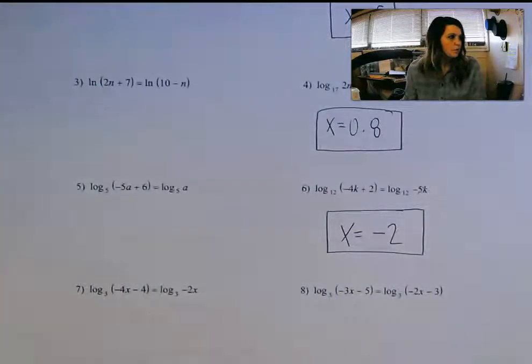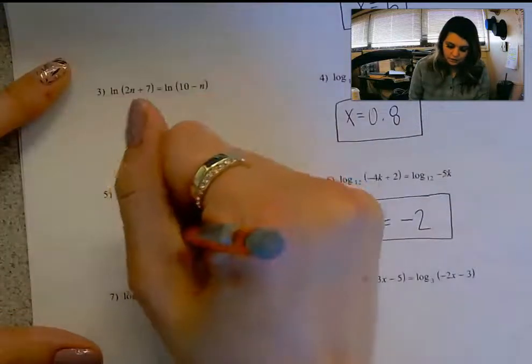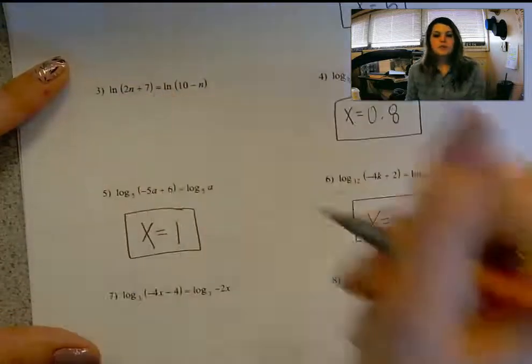Sorry if I'm slower than you. Okay, I'm getting 1. X is 1 on 5.